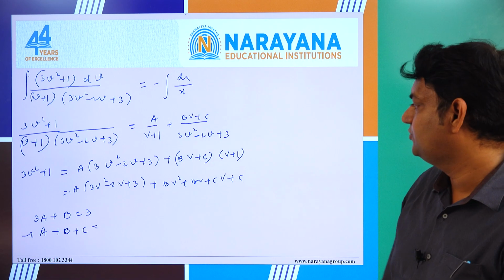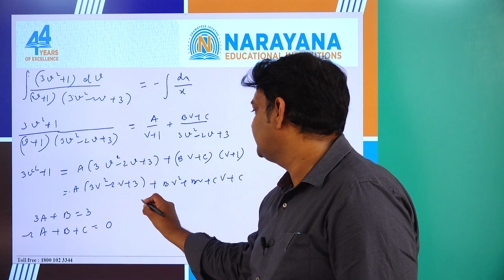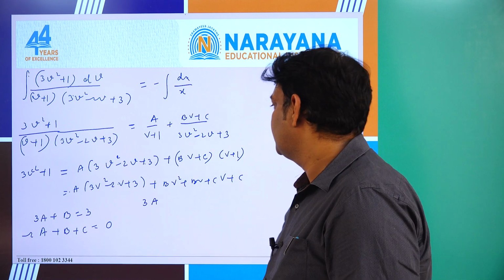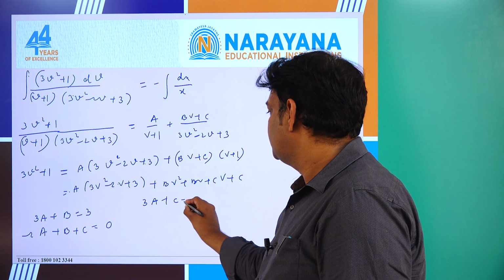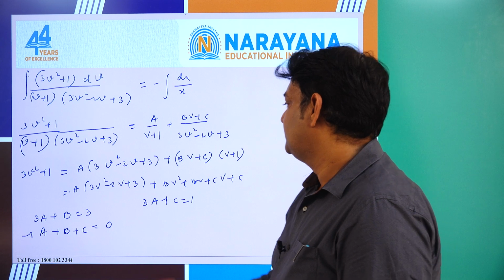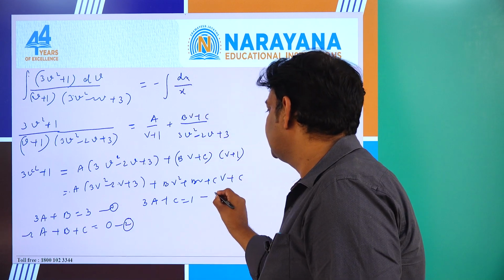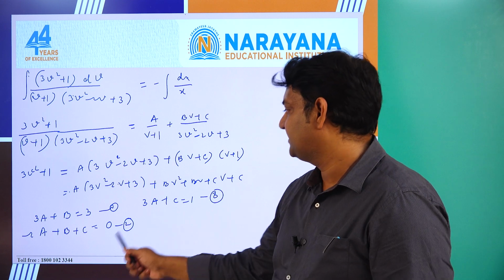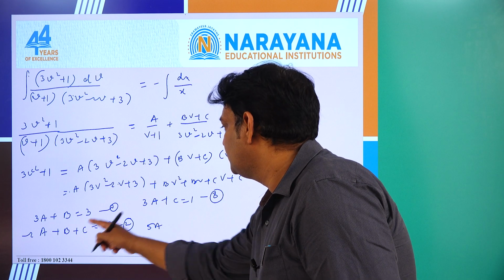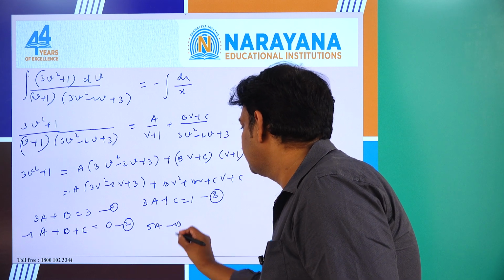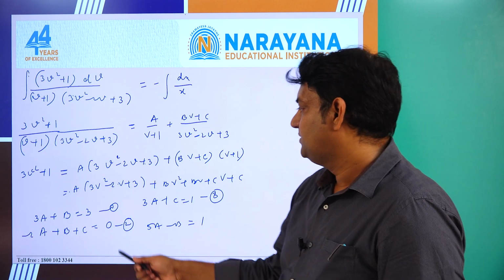How much? 0. And then the constant term. What is the constant? 3a plus c should be equal to 1. This is the first equation, this is the second equation, this is the third equation. Subtract: 3 plus 2, 5a minus b, c cancel, is equal to 1.